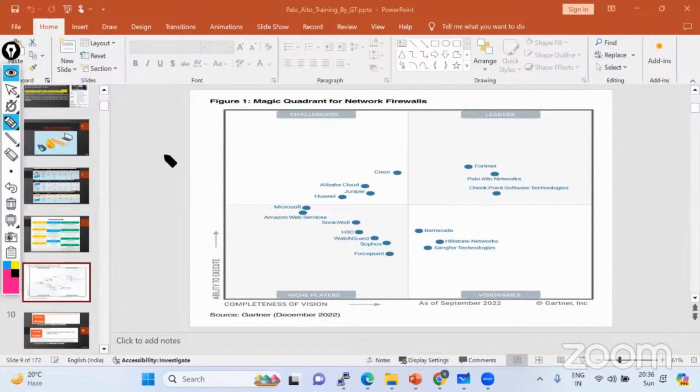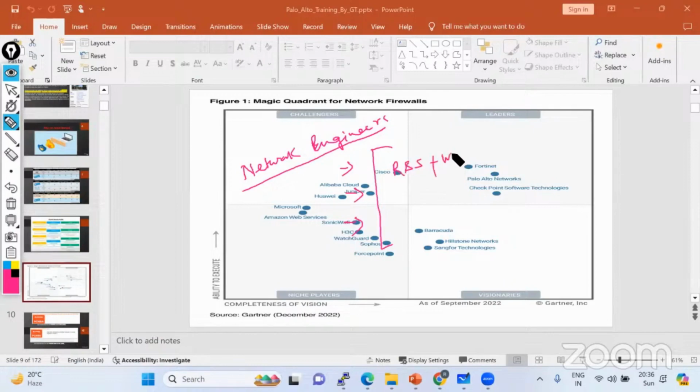Now talking about the most important career transformation, that is for network engineers, right? These network engineers always have that dilemma: shall I go only into networking, or shall I go into security? But due to the market requirement, they are already very good in network routing and switching.